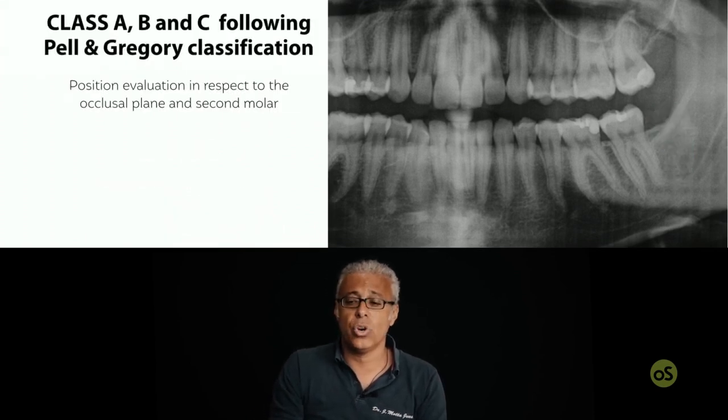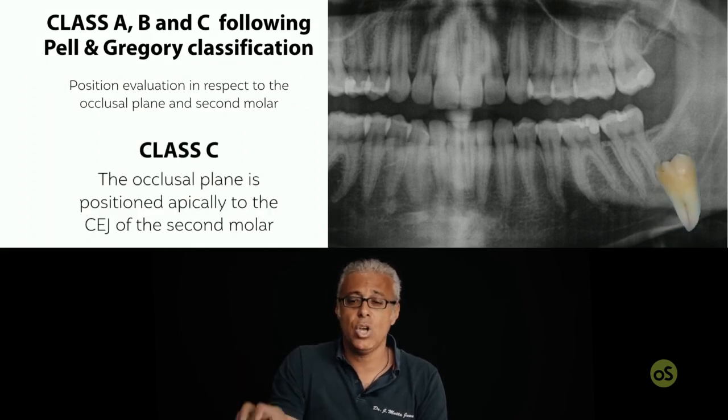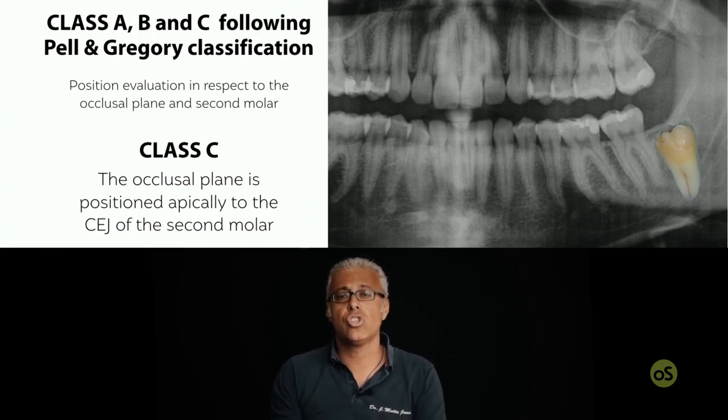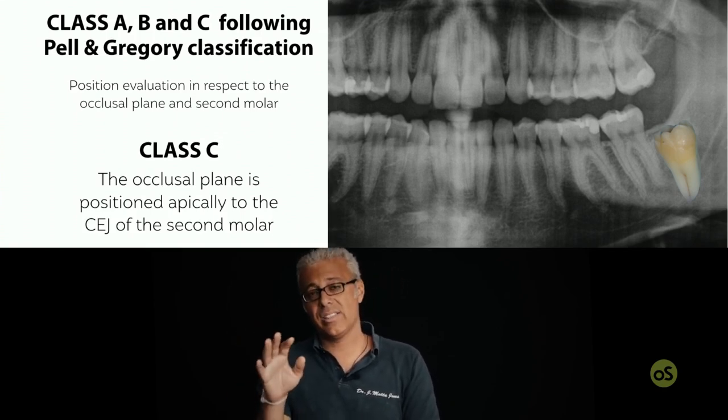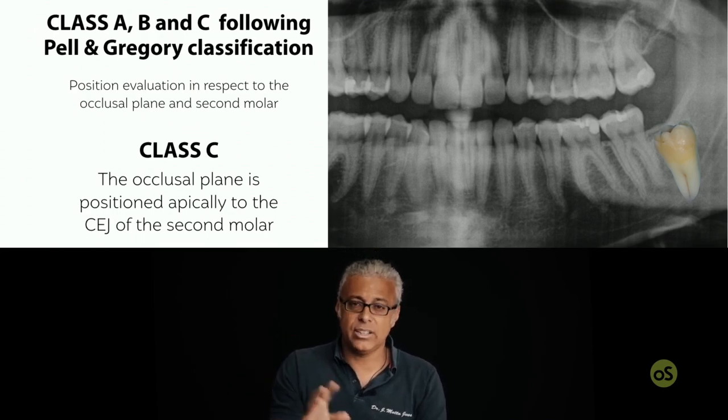And then the worst scenario, where the tooth is much more apical, completely below the CEJ of the second molar. So we know that the class C3 distoangulated tooth is the most difficult tooth to extract.